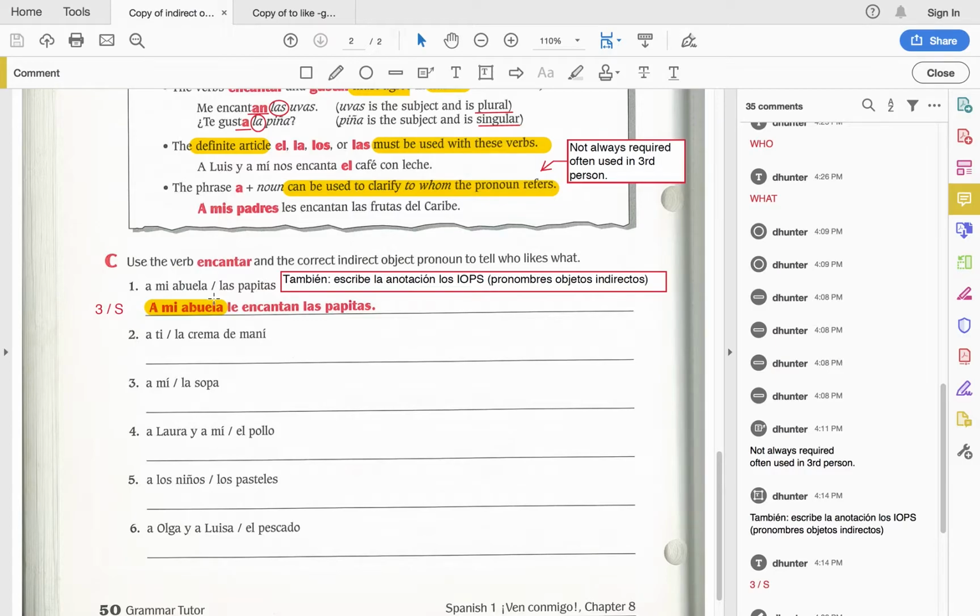Go forward with these examples in parte se. It says use encantar. This is a bit different from yesterday with gustar, justamente, solamente eso. Pero debes usar encantar and be sure you're still adding in the correct indirect object pronoun.